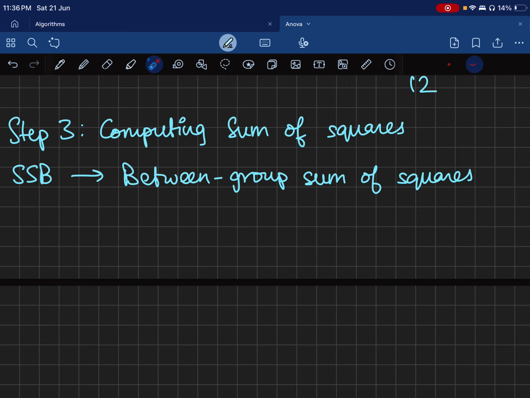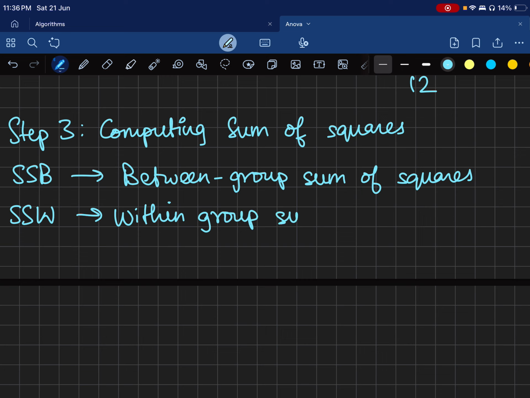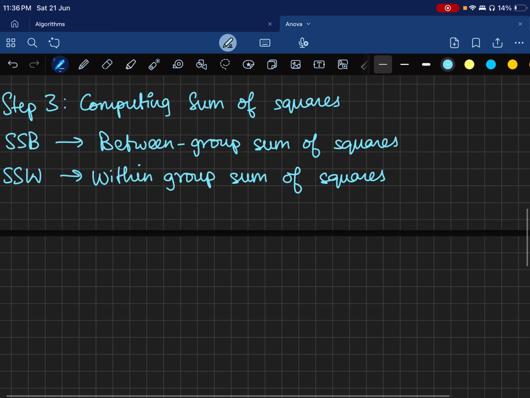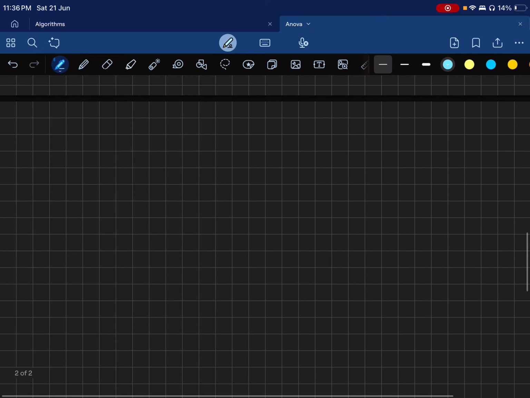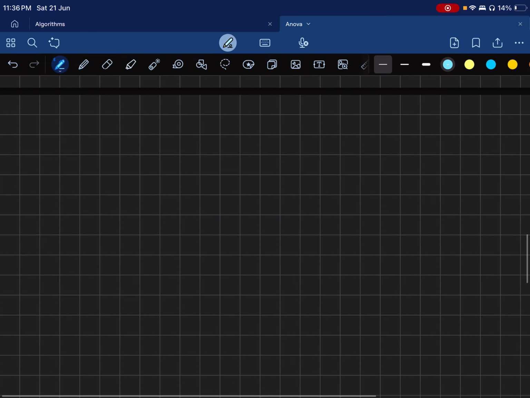And the second one is SSW, which is within group sum of squares. So these two we will be calculating one by one. Let's take the SSB first.